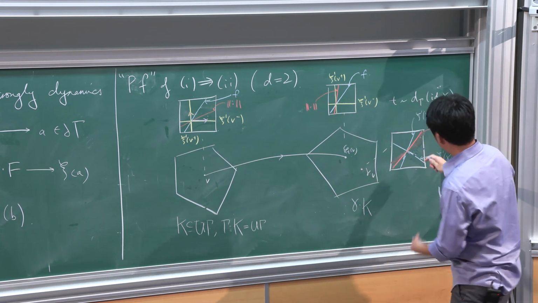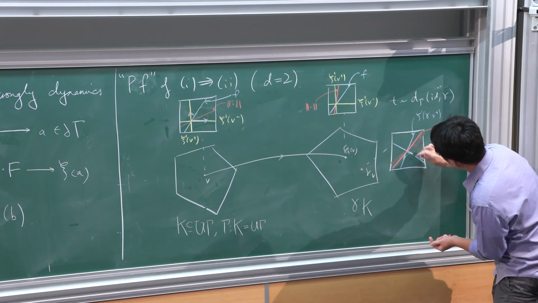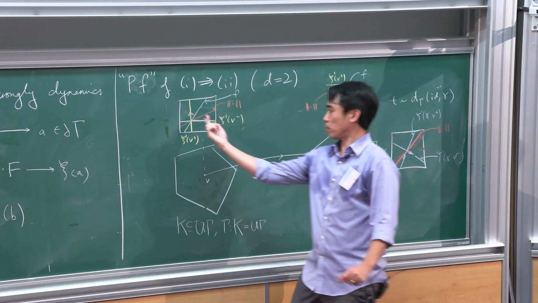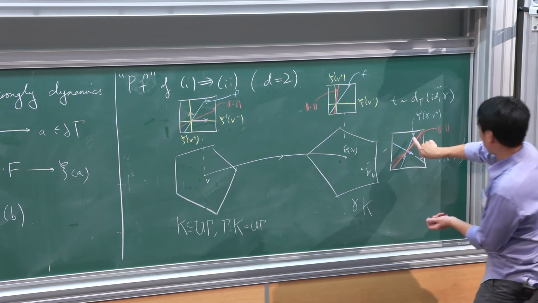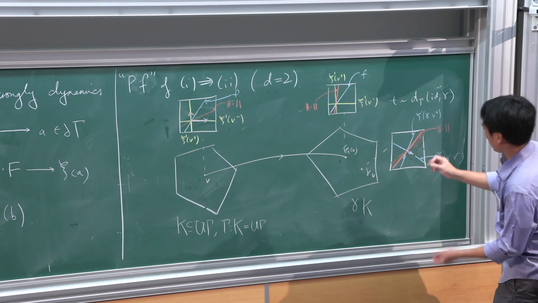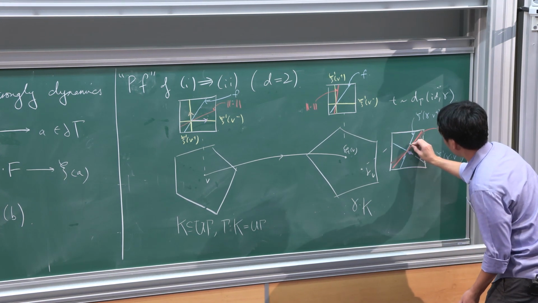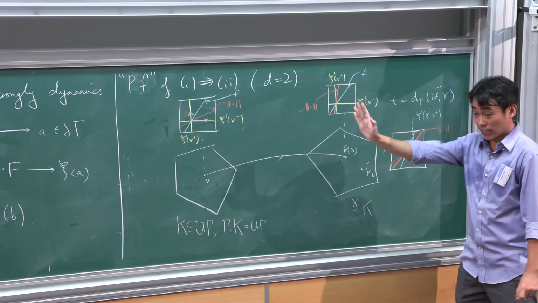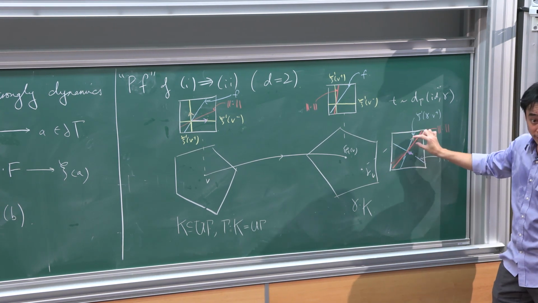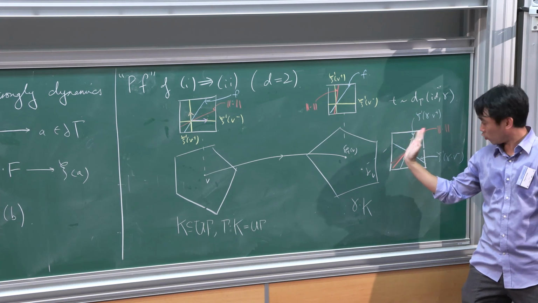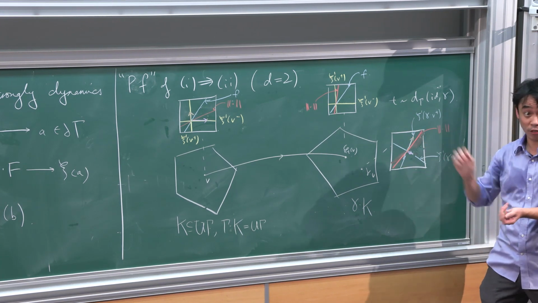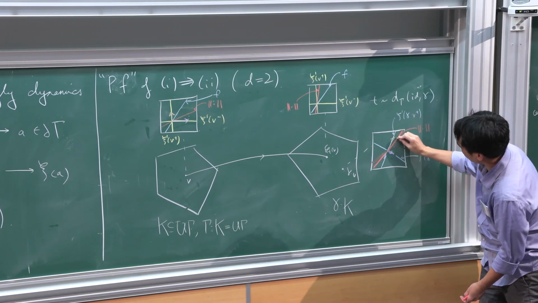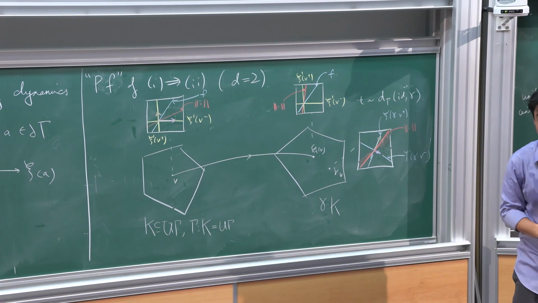My purple vector gets sent to some vector inside of this line, and this brown vector gets sent to some vector inside of this line. But also, because my norms are gamma invariant, the sum of these two vectors still must give me the norm 1 vector in the Hom bundle. So when you sum these two things up, you must give me the direction vector of this one as well.